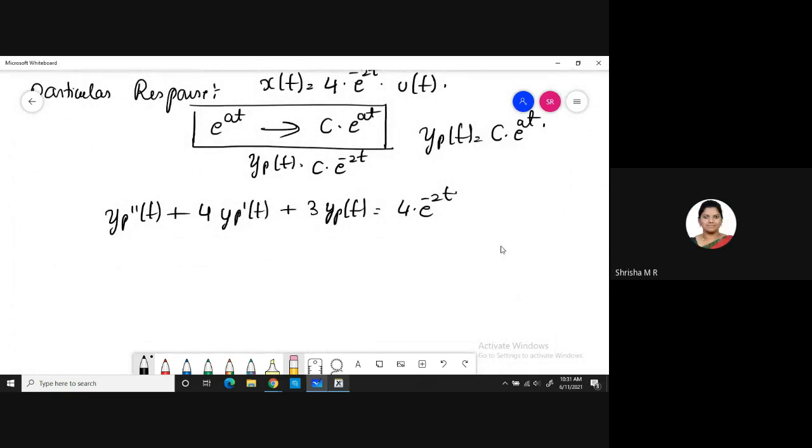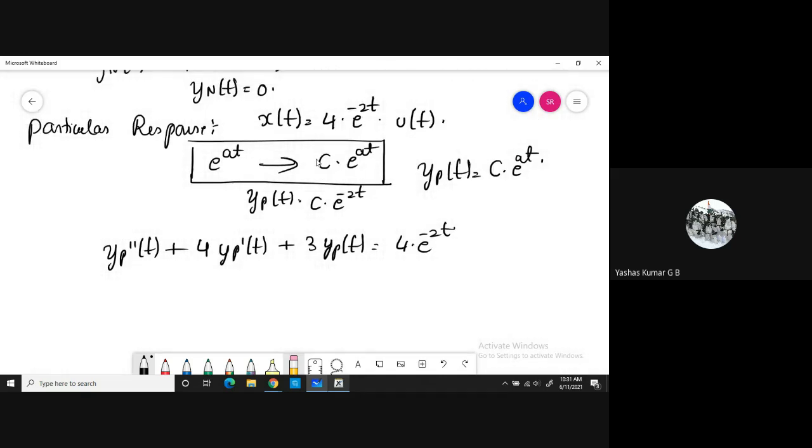Ma'am, above you wrote c into e power at, but after that you are not considering 4. Why, ma'am? No. Input is of this form, e power at. We have e power at in the input, correct? So the particular response structure will be c into e power at. This is some other constant.